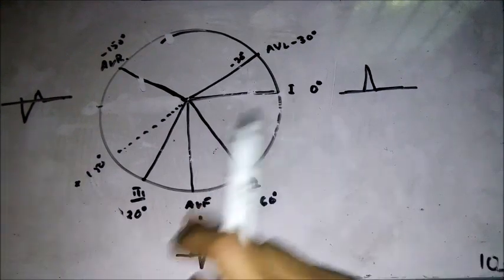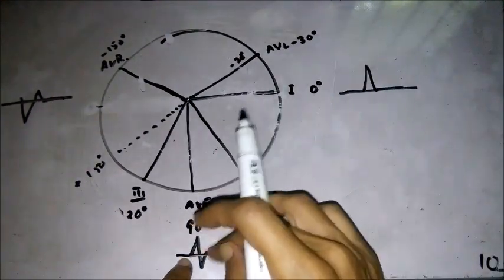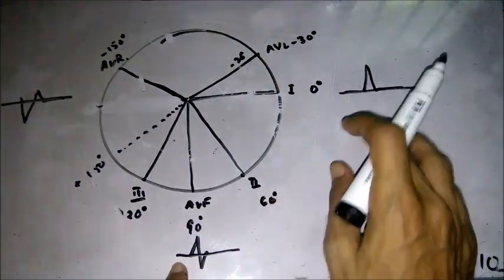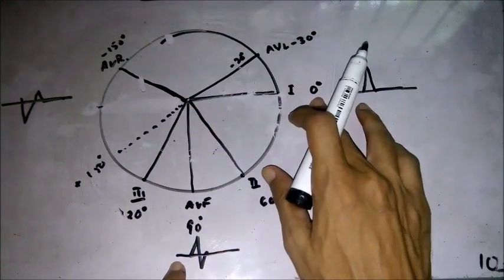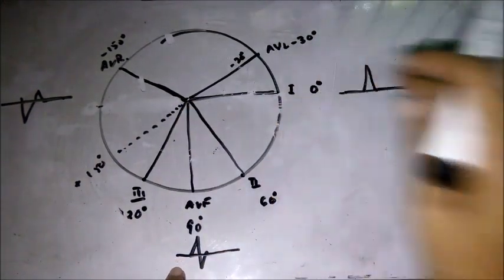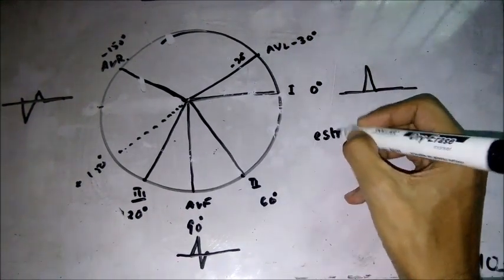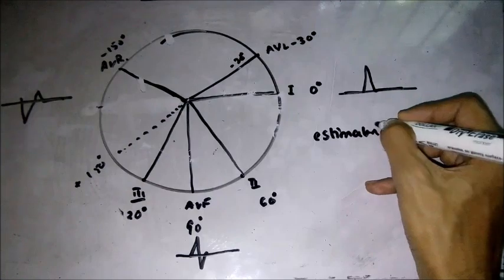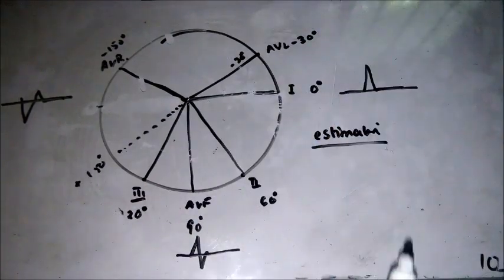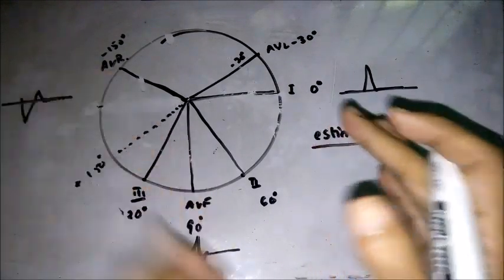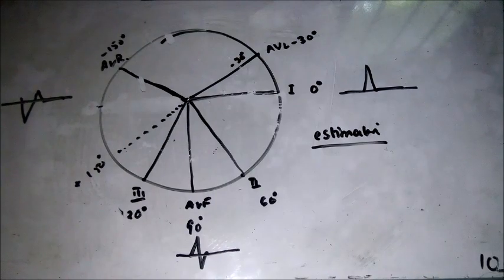So the axis in this case, if AVF is the most isoelectric, is 0 degrees or near 0 degrees. Now this is something which requires a bit of estimation as well. So you're basically using the corresponding leads, and you're trying to estimate what the exact axis would be.